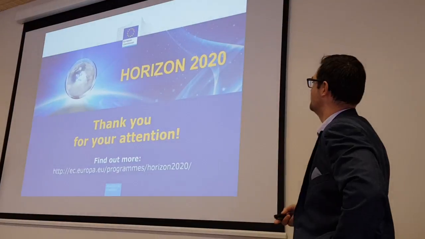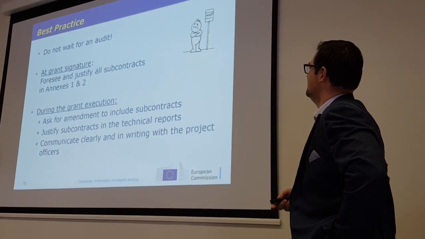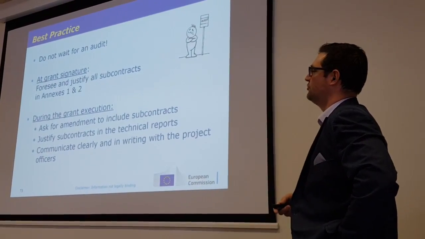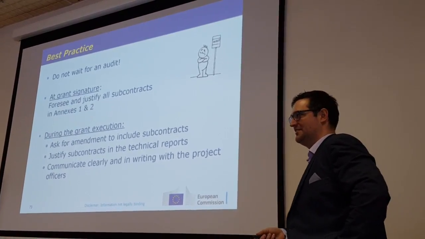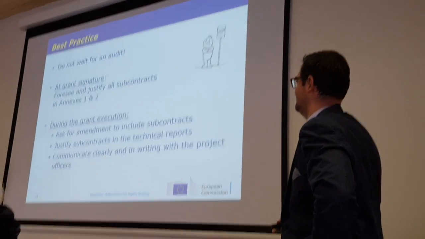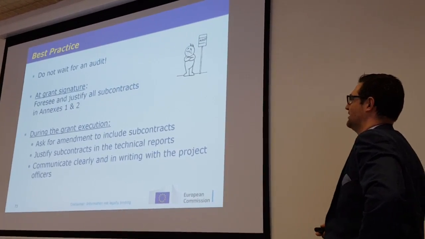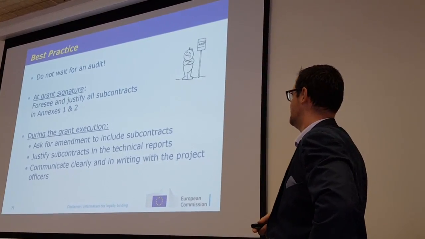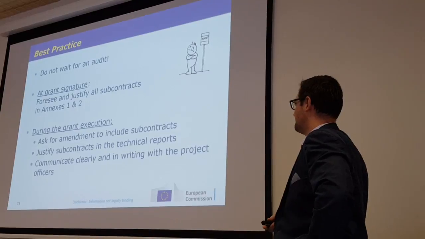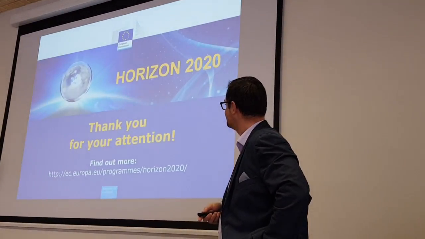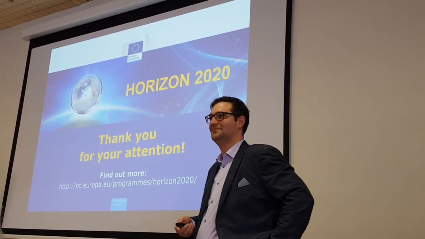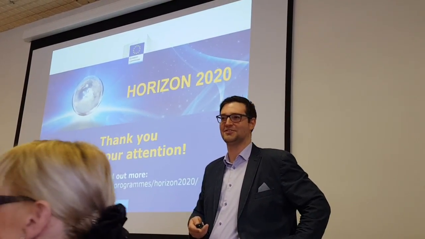You can do it before. During the grant execution, do not wait until it's too late. Ask the project officer to include the subcontract. Justify in technical reports and communicate clearly. Well, thank you for your attention, and I'm open for any questions if there are some.